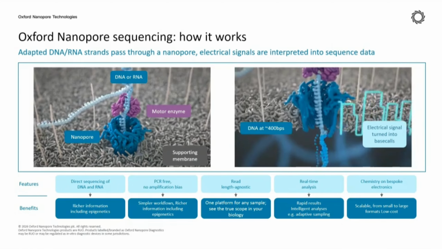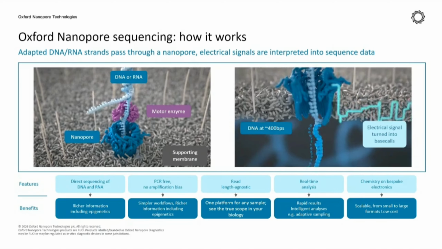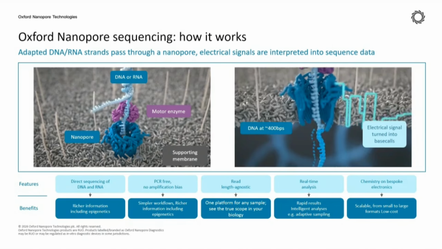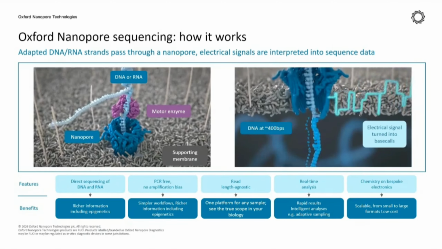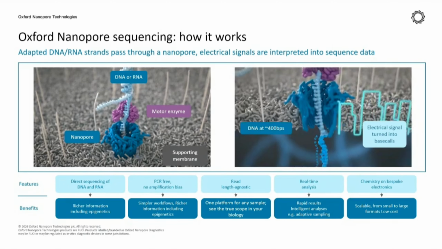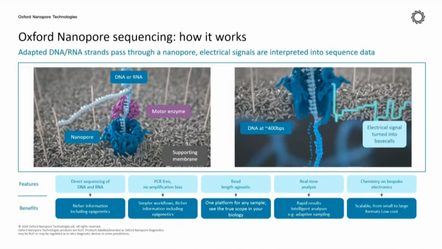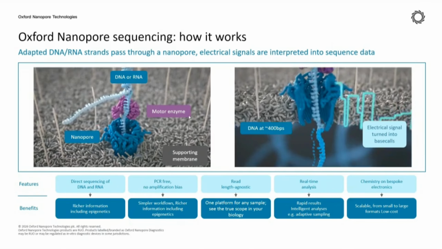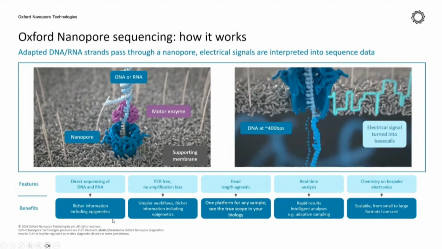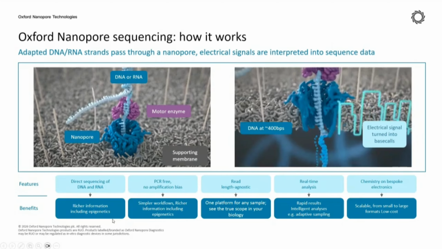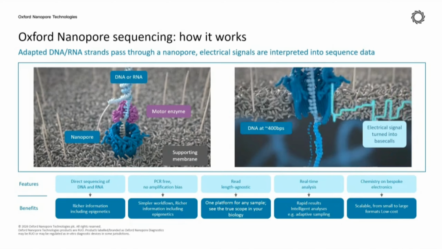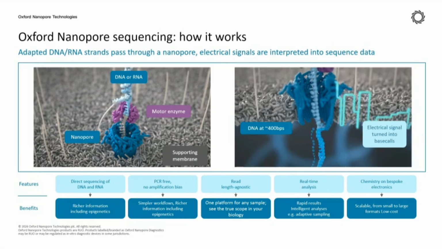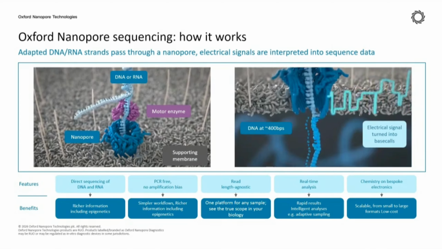channels or the pores at around 400 base pairs per second, the electrical signals are captured by the sequencing device, and at the same time they are converted into base calls, the ones we normally see as ACTG during sequencing. A feature of this is that it is direct sequencing on the DNA or RNA molecules, so we can detect signals like methylated bases.